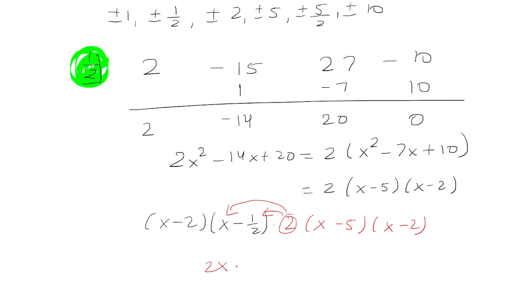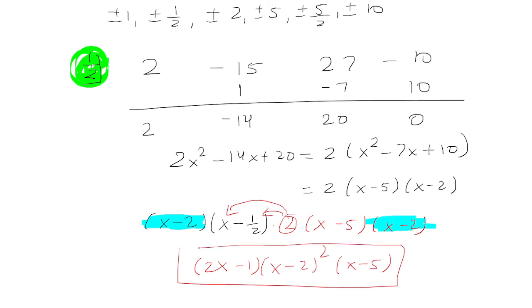That would give me 2x minus 1, and then I have x minus 2, x minus 2. So there's two factors of x minus 2, and that's going to give me x minus 2 squared. And then finally we have the x minus 5. So this is what the answer is in factored form.